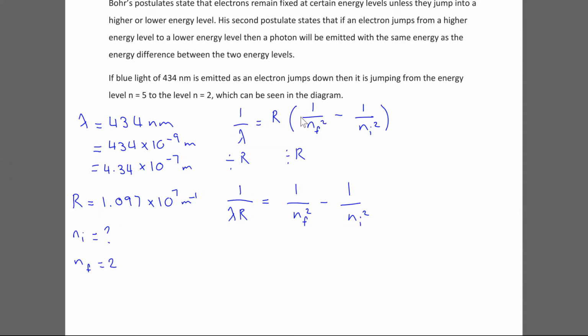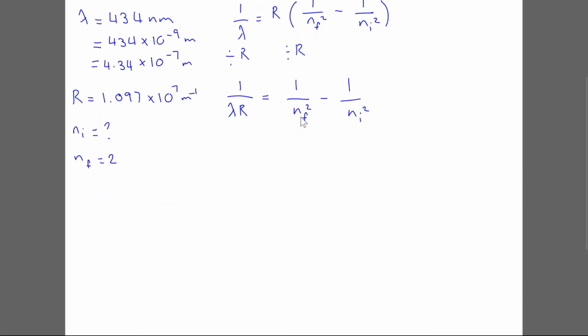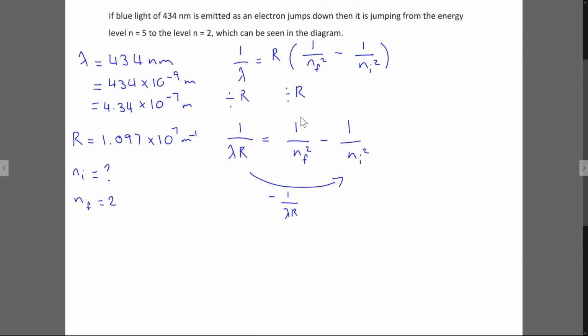Now, I want to make ni the subject of my equation. That means I need to get it on its own. What I will do is move 1 over lambda R over to this side of the equation, so I'll subtract 1 over lambda R. And I need to move 1 over ni squared to this side of the equation, so it becomes plus 1 over ni squared on both sides.